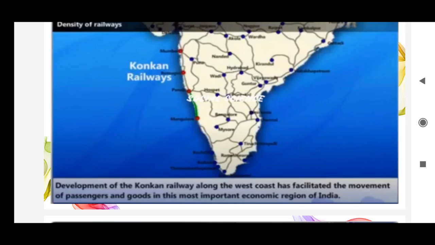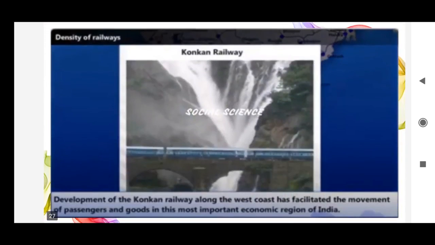So they facilitate the movement of passengers and goods. Somehow they have developed the railway track over there. By constructing bridges or dams, they can make the railway go so quickly and connect the places so easily.